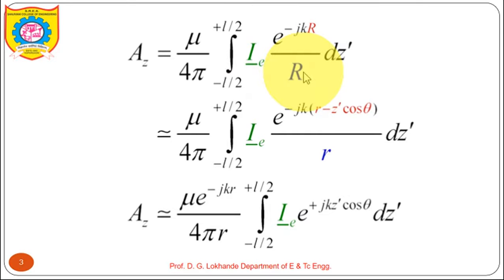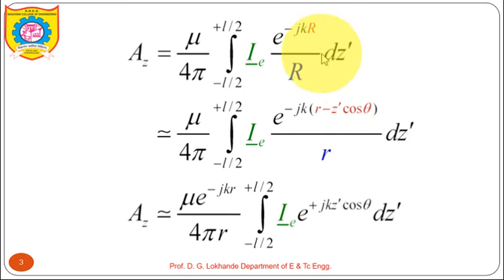written differently for the radiation purpose, because in the finite dipole we already saw in the figure that the axis has the z dash cos theta component. We get it here. So for the far region we will consider this component.